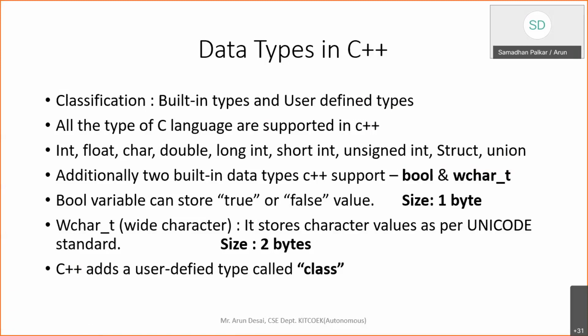There is one more additional type which is there in user defined, which is class. Just like structure is there in C++, we have class as a user defined data type in C++, right? Even we have references.